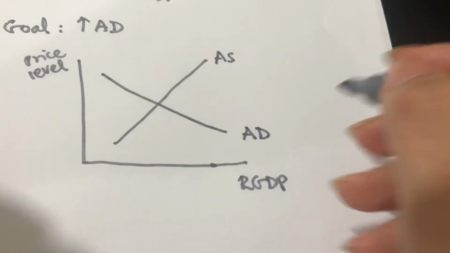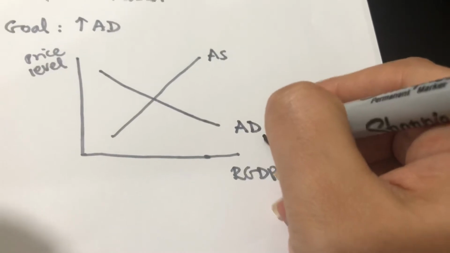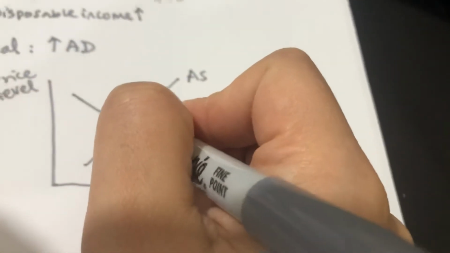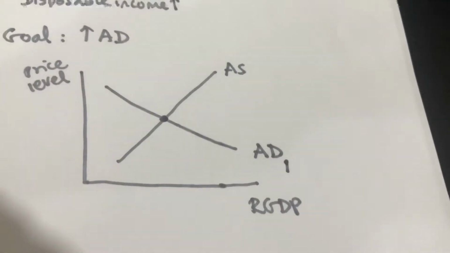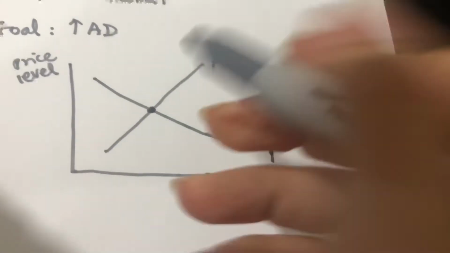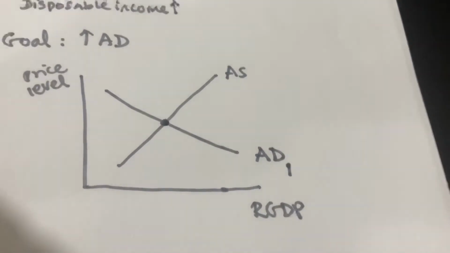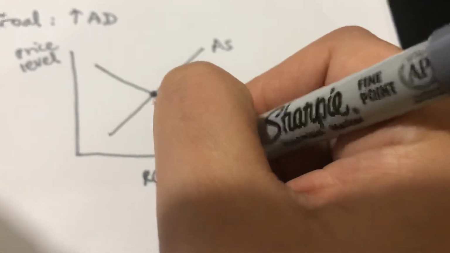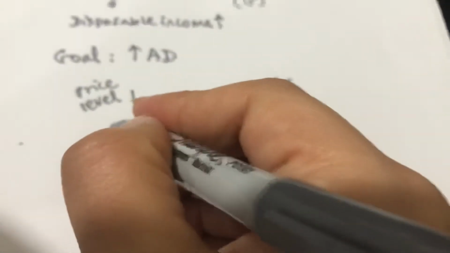So this is our original aggregate demand number one, I'm going to call it, okay? So right now the economy is slow, we have recession, so our equilibrium is somewhere here, okay? And our real GDP is somewhere here. This is our real GDP number one. This is our P star one.